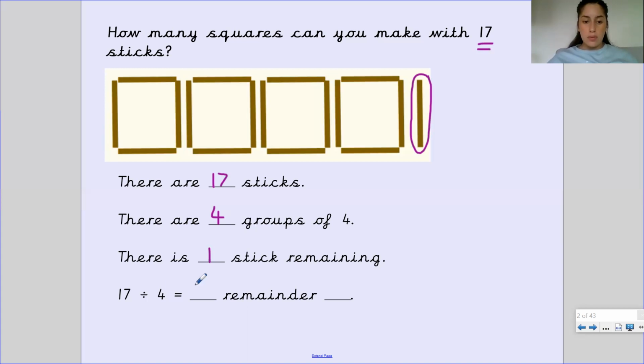Well, we've got 4 groups of 4, but we also had 1 stick remaining. So this is how we would represent it. 17 divided by 4 equals 4 remainder 1, because we were able to make 4 groups of 4 and we had 1 stick left over. So 4 remainder 1.